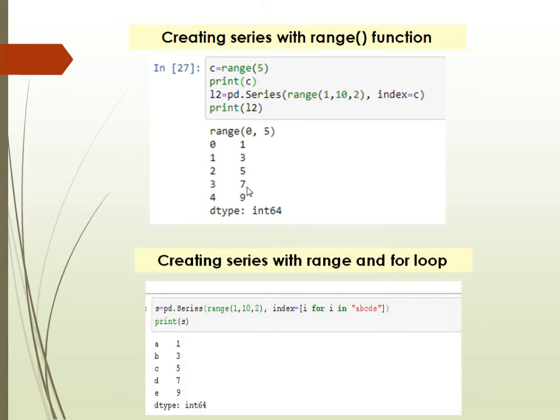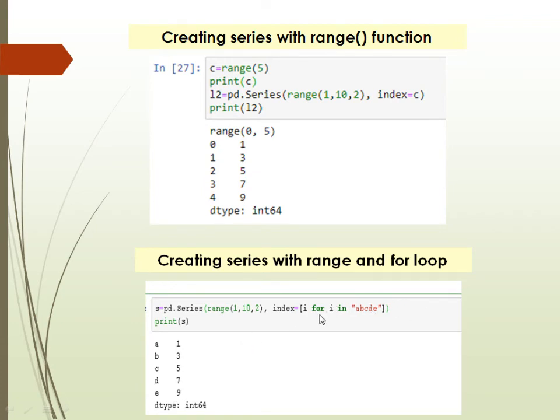Now, with the help of range and a for loop, I create a series. pd.Series(range(1, 10, 2)) means a gap of 2 is given, so the values are 1, 3, 5, 7, 9. Clear? But now the indices are A, B, C, D, E. How is it so?